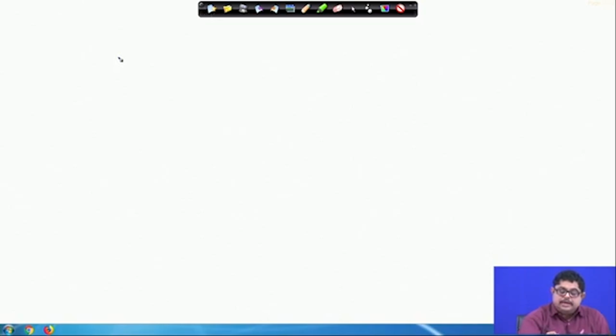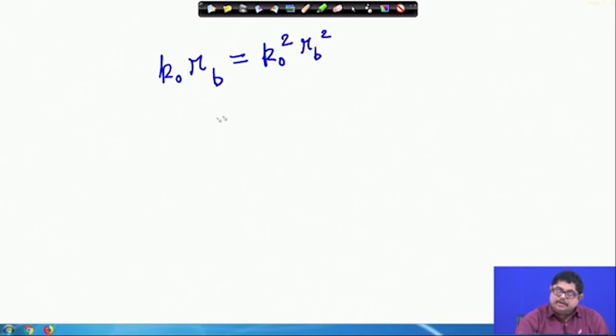So, let me equate that: k naught R b is equal to k naught square R b square. So, the value of that R b, if you do this, will come to be lambda naught by 2 pi.